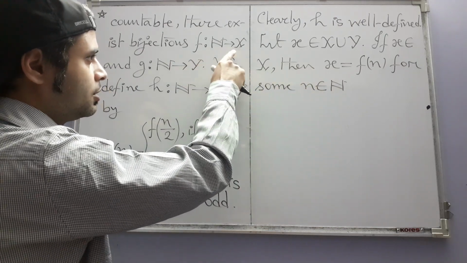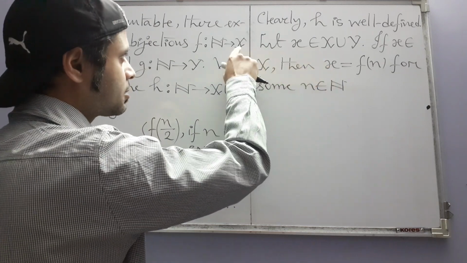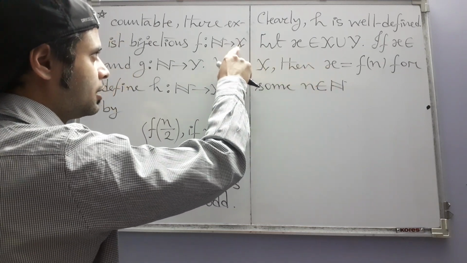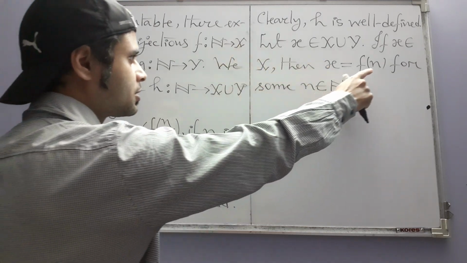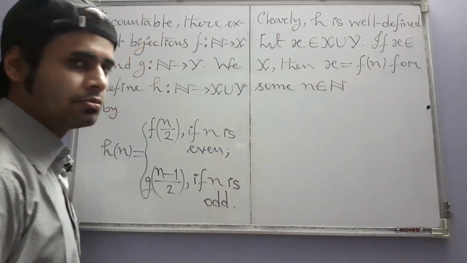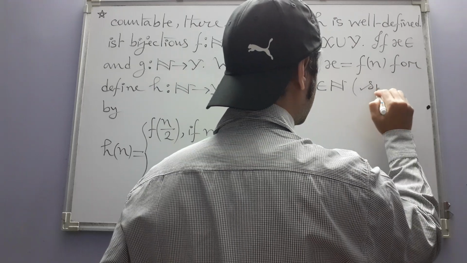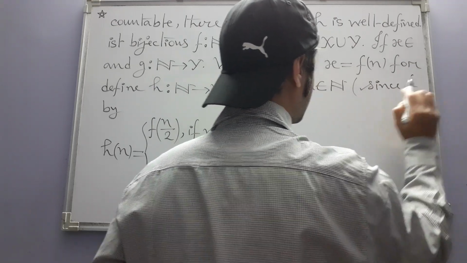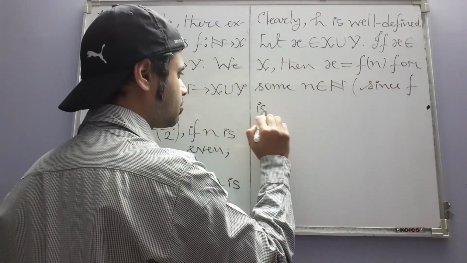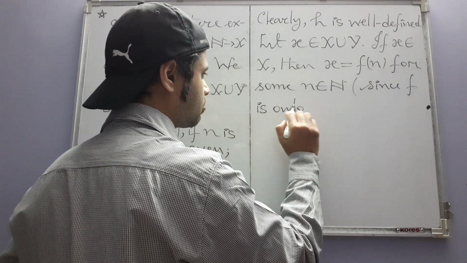So our x is coming from X, so it should be the output for some input n under f. So in brackets we write, since f is onto.